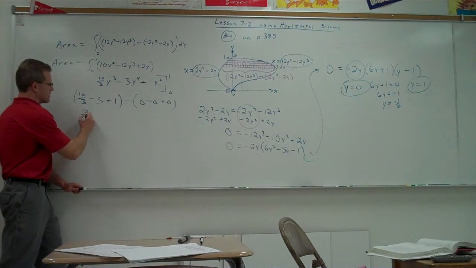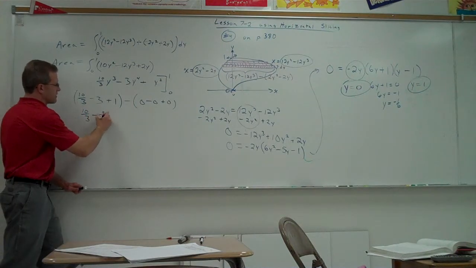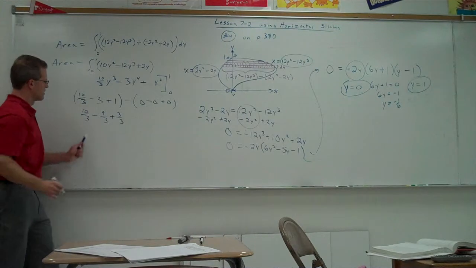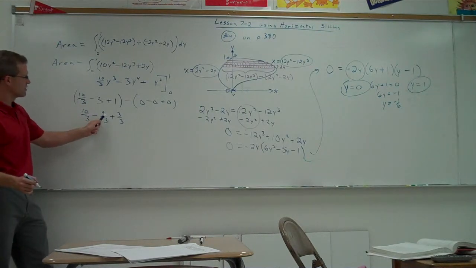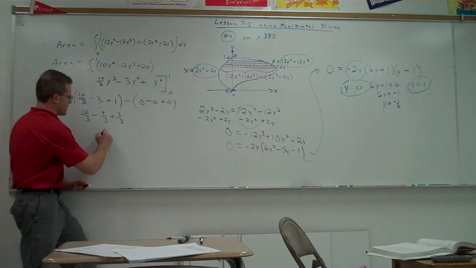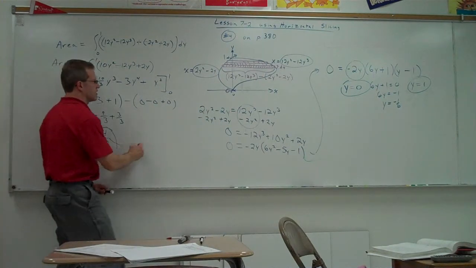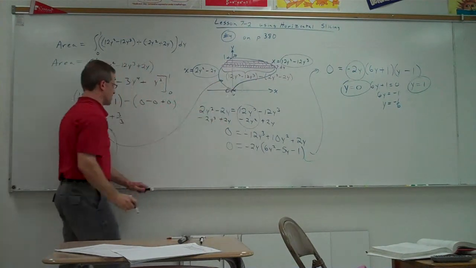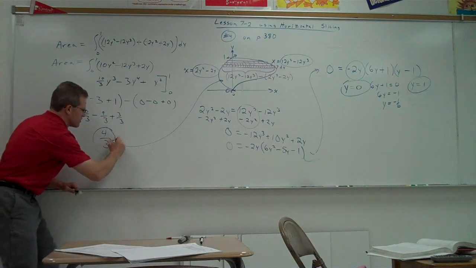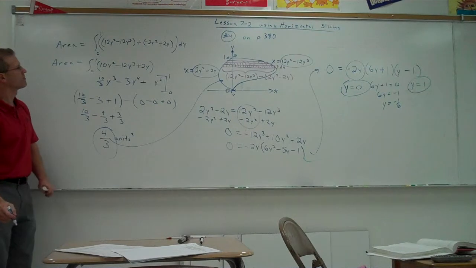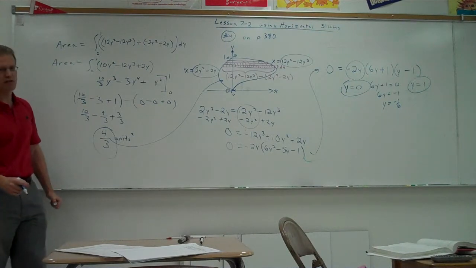So I have 10 thirds. 3 would be the same as 9 thirds. 1 would be the same as 3 thirds. So 10 minus 9, that's 1, plus 3. Come up with an answer of 4 thirds. So that tells us that the area between these two curves is 4 thirds square units. Square units because it's area. And that's number 4 using horizontal slicing on page 380.